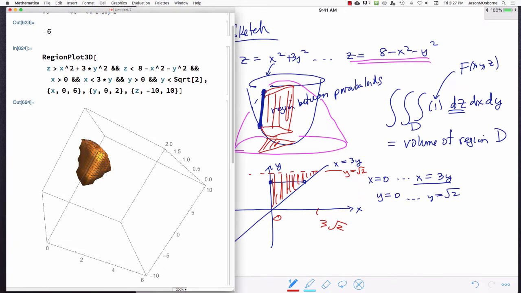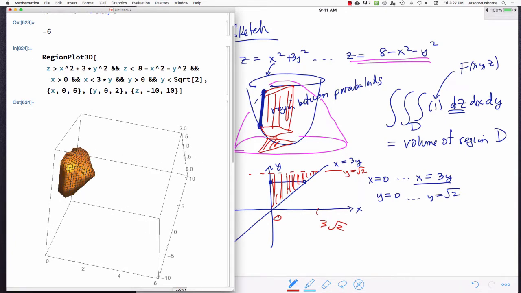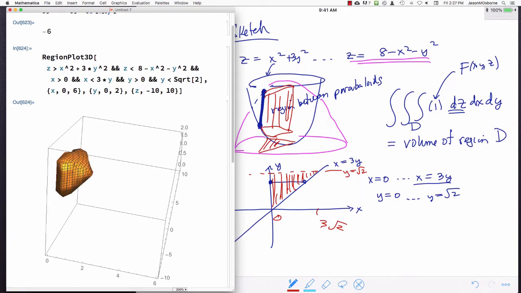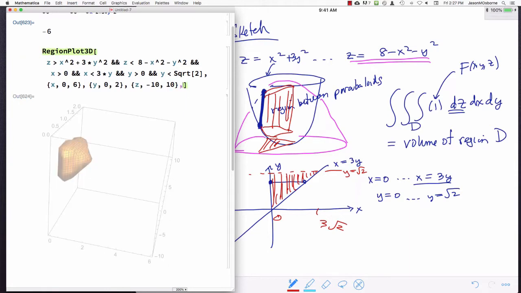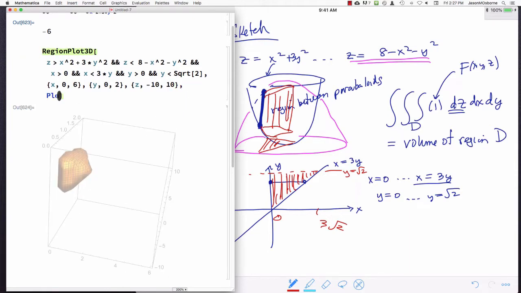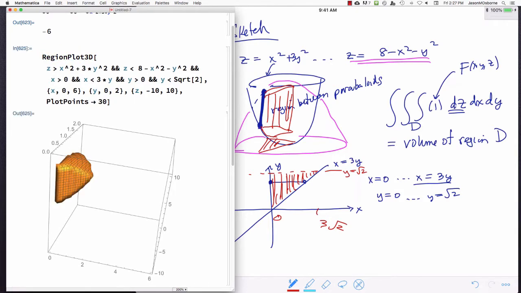So there is the region that we were, quote, trying to find the net volume of, okay? And let's see, if you do PlotPoints, let's go to, say, 30. That should smooth this region out quite a bit.